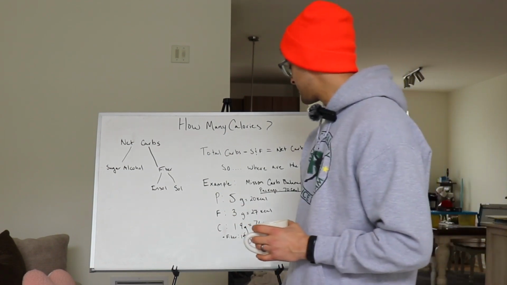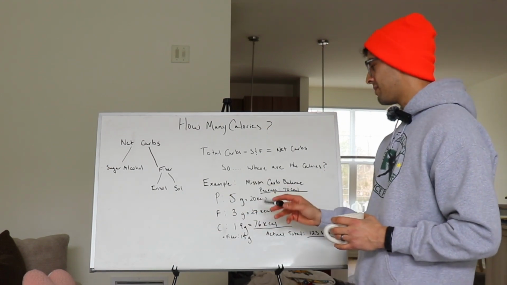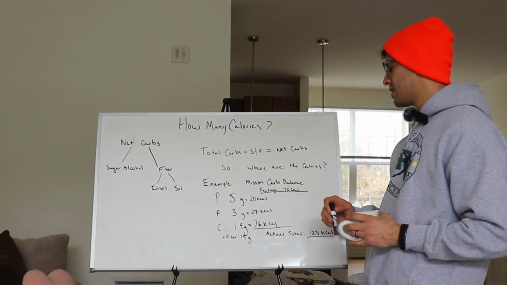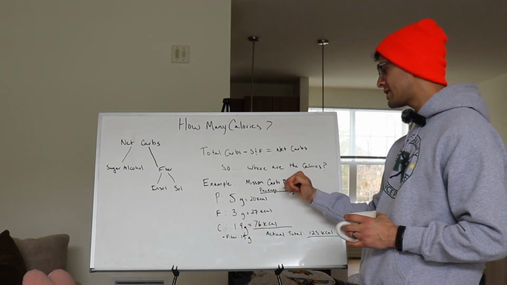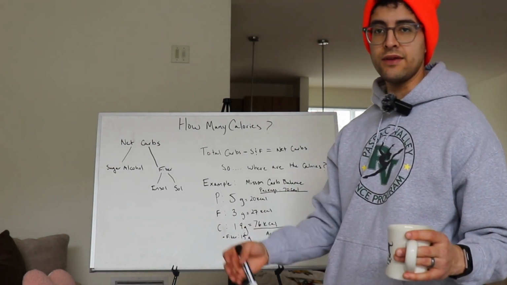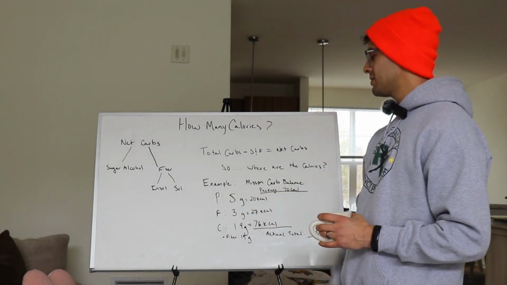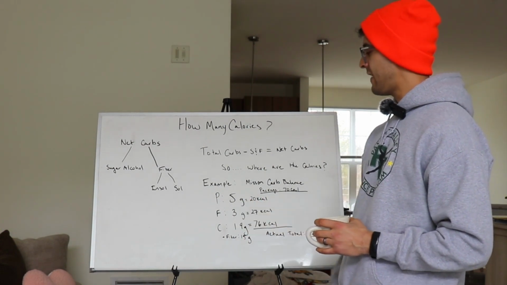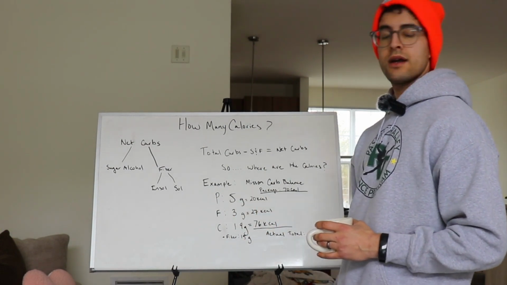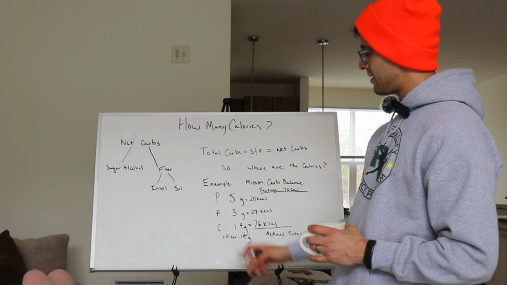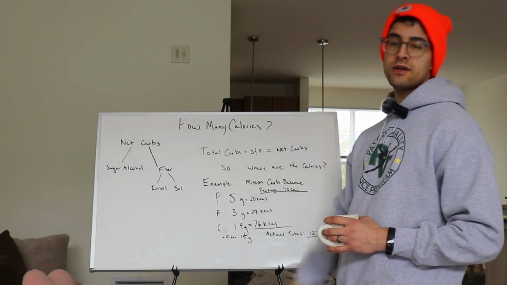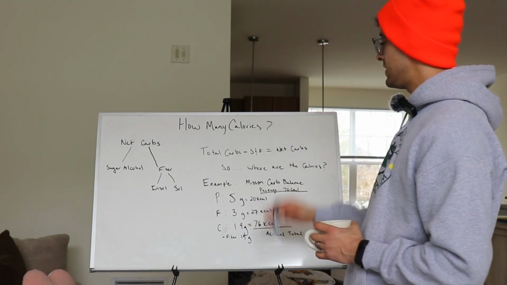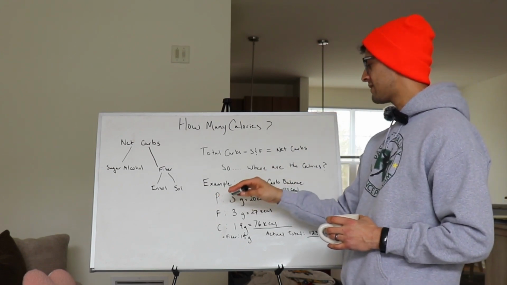So here's how we can figure this out. Here's the example: Mission Carb Balanced tortillas. On the packaging, it says there's a total of 70 calories, 5 grams of protein, 3 grams of fat, 19 grams of carbohydrate, and a little asterisk here, 15 grams of fiber. So if we do the math, remember, protein is 5 times 4.